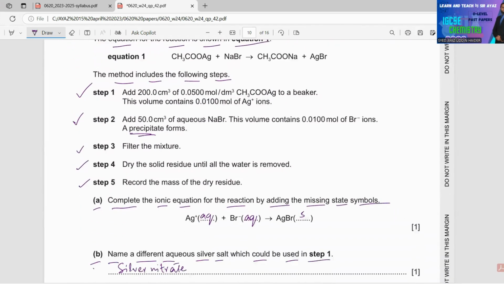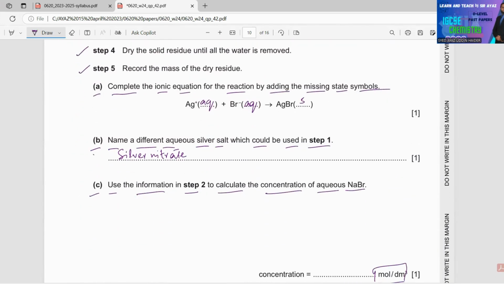If you look at the relationship, NaBr 1 mole gives 1 mole of Na+ and 1 mole of Br-. So 1, 1, 1.